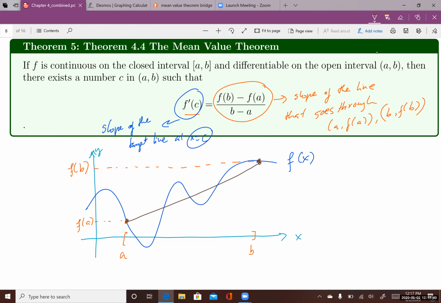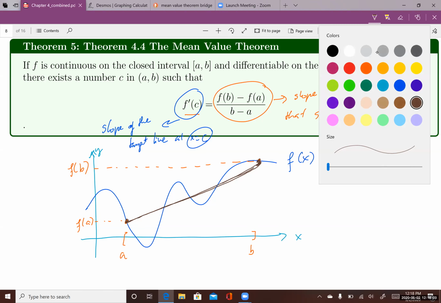And if the 2 conditions are satisfied, then we are guaranteed to have at least 1 point in between a and b such that the tangent line at this point is parallel to this line from point a to b. Okay, so that's what it means.